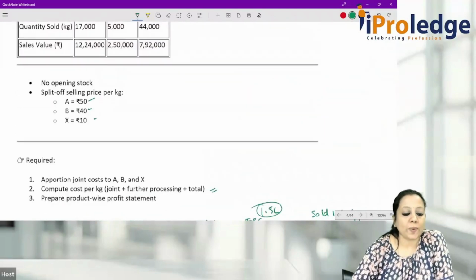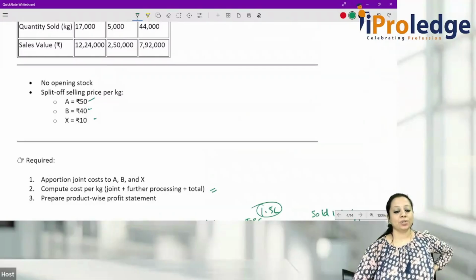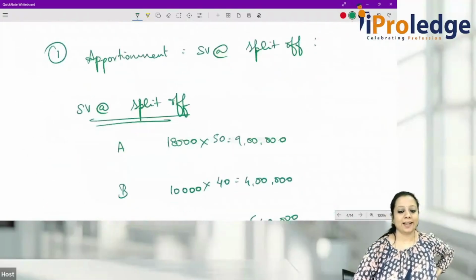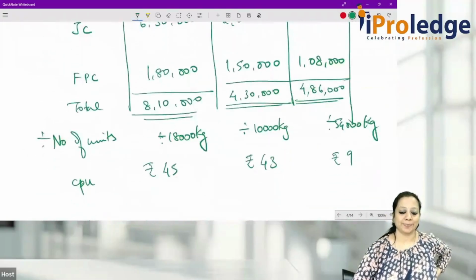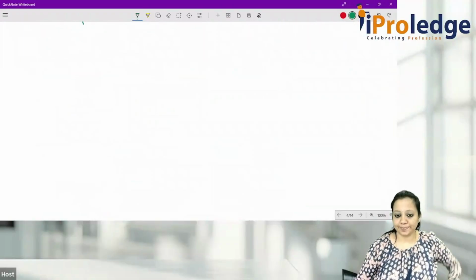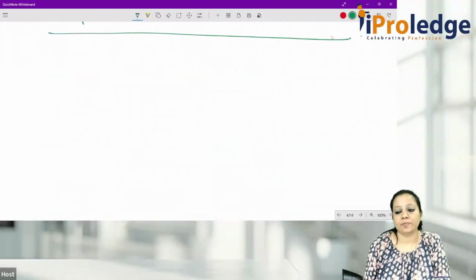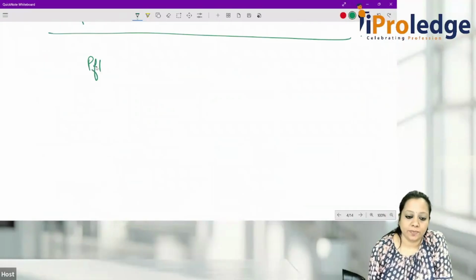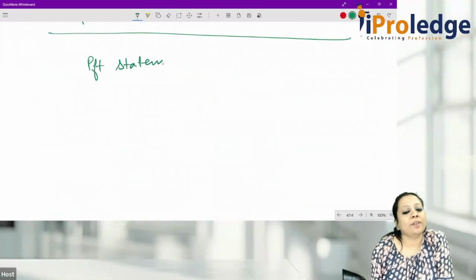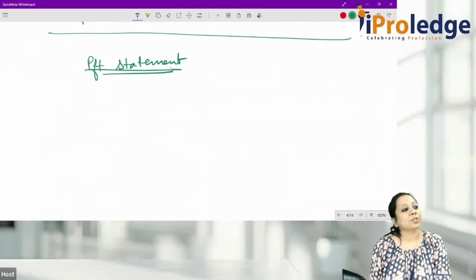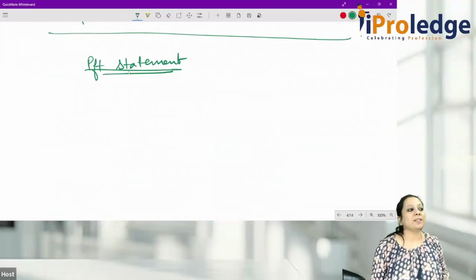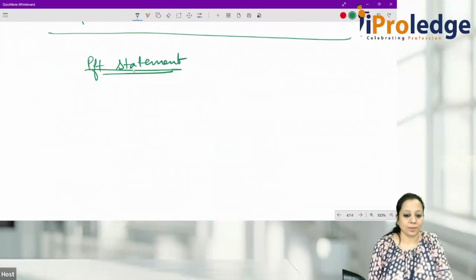Next, prepare a product-wise profit statement. Just now what we found out was cost. Selling price we know. Selling price minus cost will give profit. That's all.